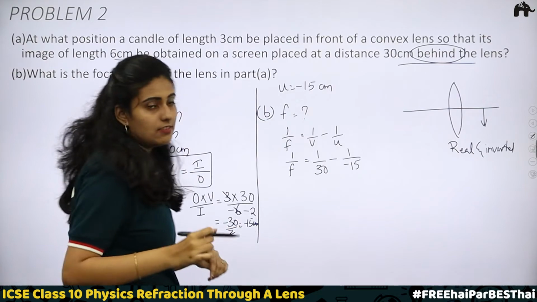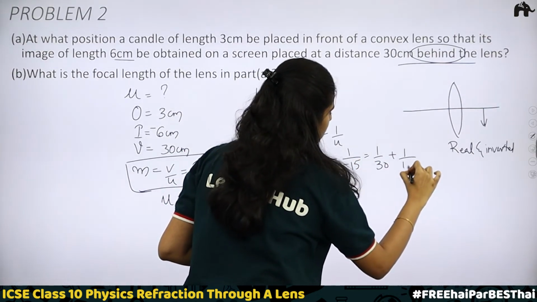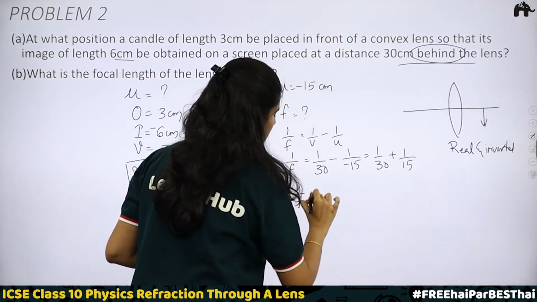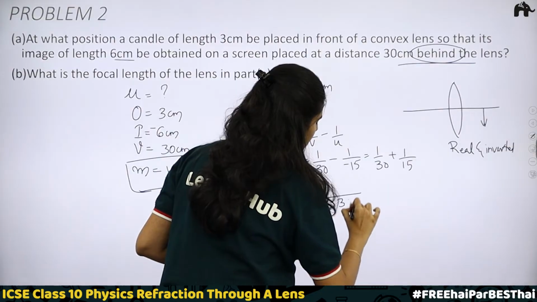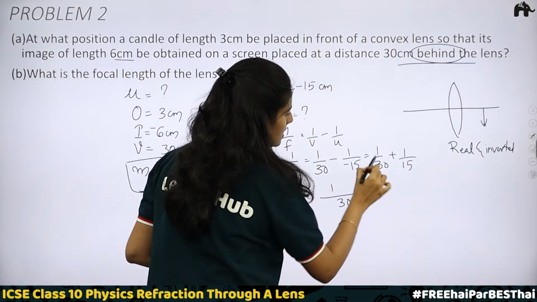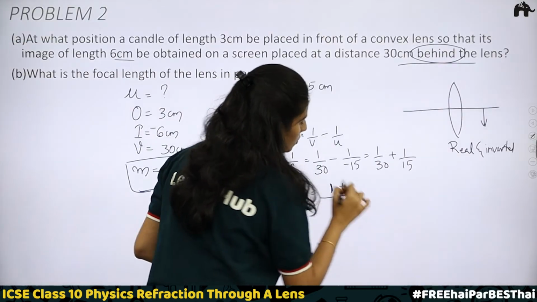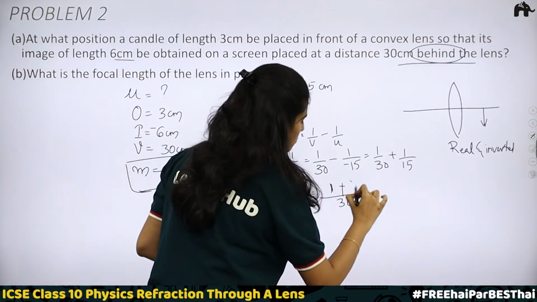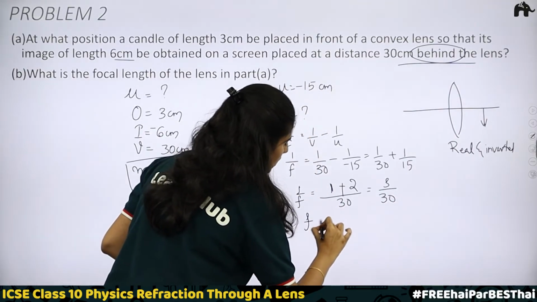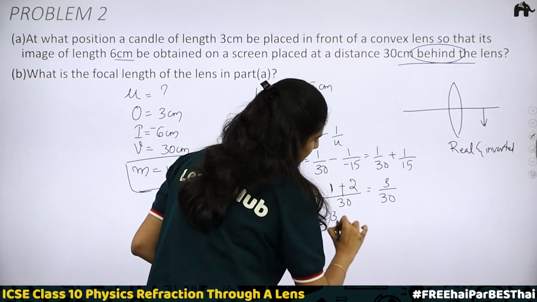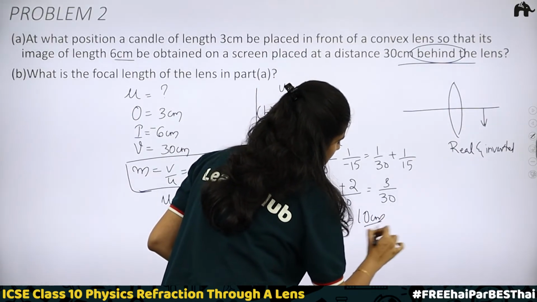So, negative into negative becomes positive. 1 by 30 plus 1 by 15, taking LCM, we get denominator 30. 30 into 1 is 30, 1 into 1 is 1, plus 15 into 2 is 30, 2 into 1 is 2. So 3 divided by 30, which means taking the reciprocal, focal length will be equal to 30 divided by 3, which is 10. Focal length is 10 centimeter.